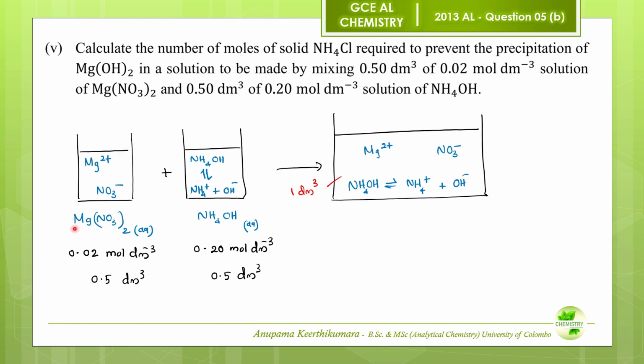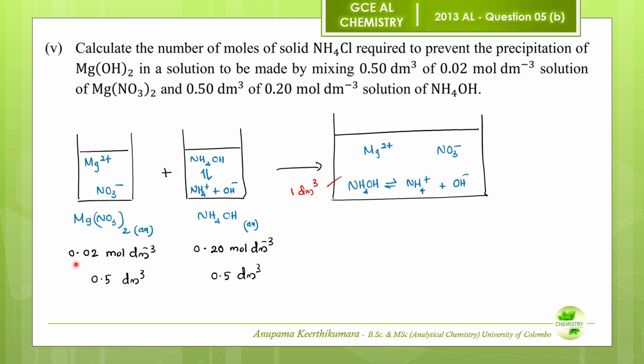First, I will explain the theory behind this question. Aqueous magnesium nitrate contains magnesium 2 plus ions and nitrate ions, because magnesium nitrate is a strong electrolyte, so it completely dissociates into ions. Ammonium hydroxide is a weak base, therefore it partially dissociates and produces some amount of ammonium ions and OH minus ions.